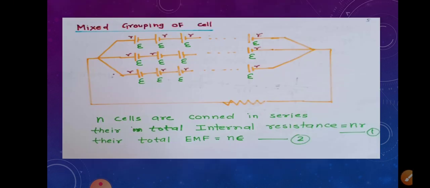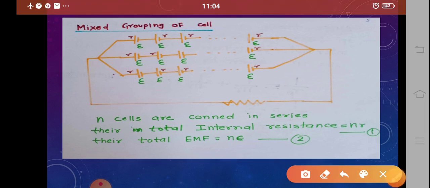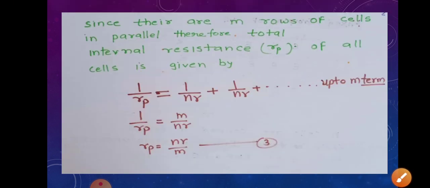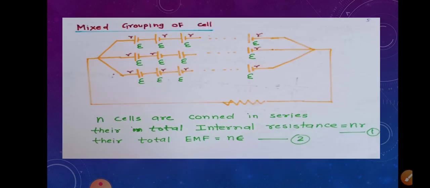So let us see how this works. In mixed grouping, n cells are connected here, having internal resistance r. So the EMF will be nE of this line, nE of this line, nE of this line. Then the resistance will be nr, nr, nr.